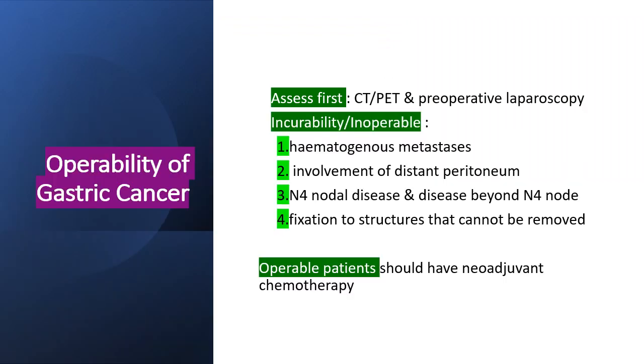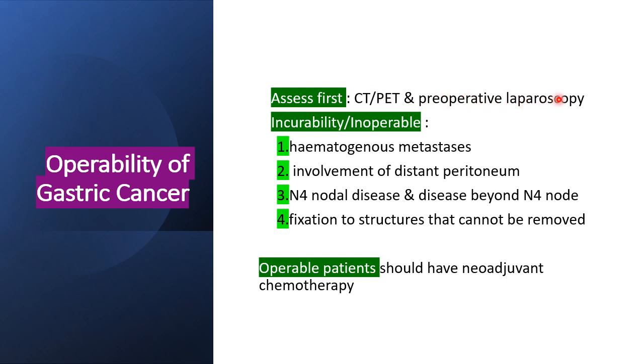Next, we come to the operability of gastric cancer. It's a very important factor to consider whether the cancer status is operable or not. So the initial assessment is very important, using CT and PET scans and preoperative laparoscopy.